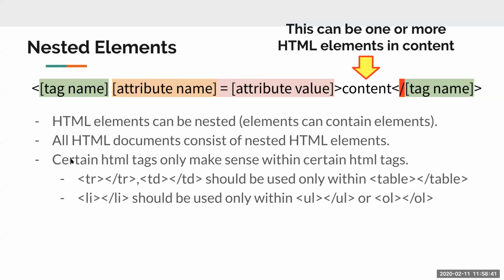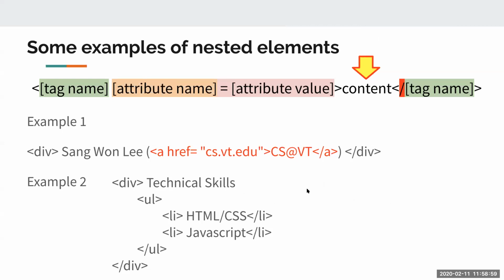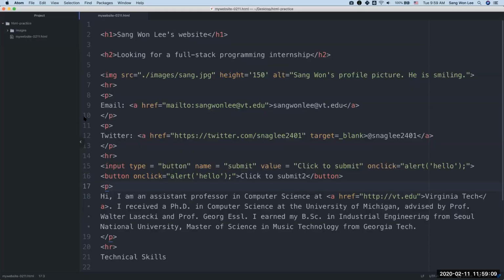And then certain HTML tags only make sense within certain HTML tags, like TR only makes sense under a table. LI makes sense within UL or OL. We already looked at the example where we had this A tag within this P tag.